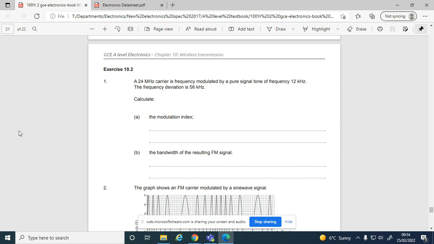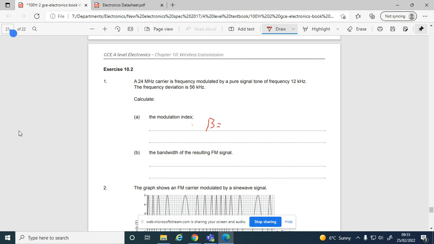Wireless transmission. So first of all, this is the FM stuff, frequency modulation. The modulation index is that beta value. It's on the data sheet, which I can show you in a moment.